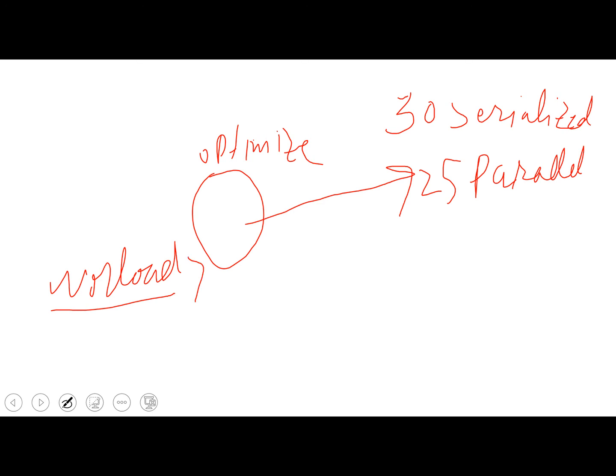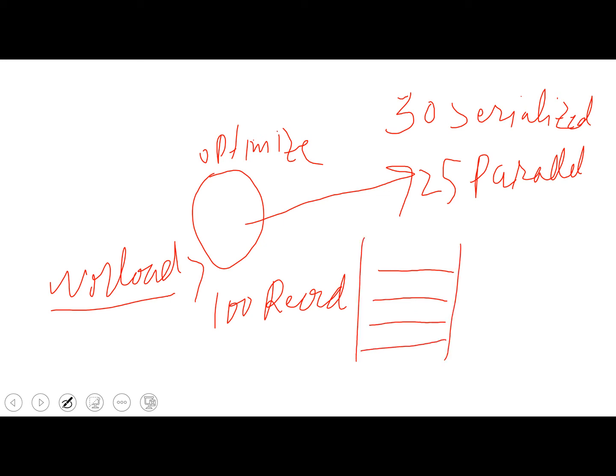But if it is a small workload, for example there are only 100 records retrieved by the query, then there is no need for parallelism, because parallelism will distribute the workload into different threads, and these threads will be executed on different processors, and distributing these threads and collecting the data from these threads will take time.